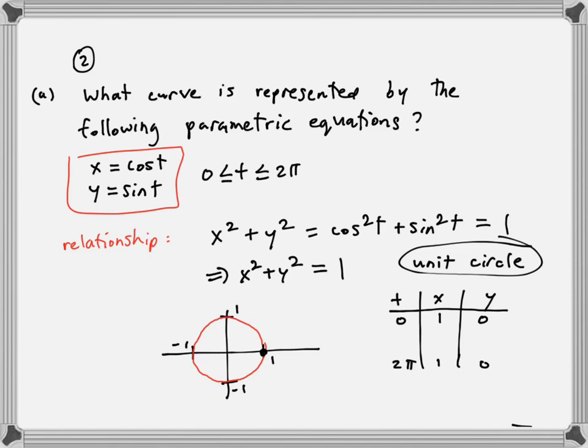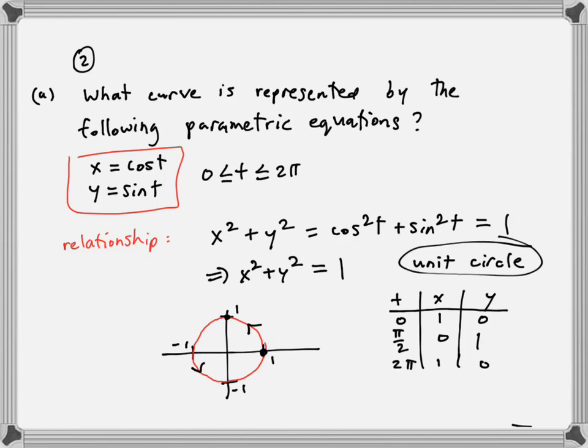But we need to know which way it's moving. And so the way I would do it is plug in a point that's close by, like pi over 2. And let's see where we are. If we plug in pi over 2, cosine of pi over 2 is 0, sine of pi over 2 is 1. So we're going from this point to this point. In other words, it's going counterclockwise. And it's 1 revolution. So let's be specific.